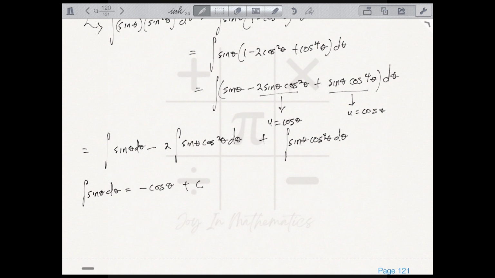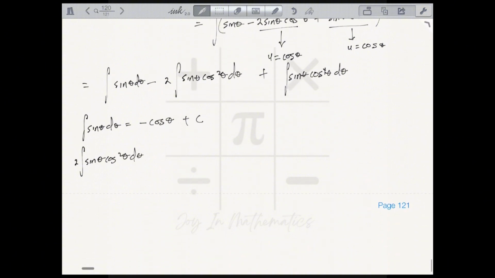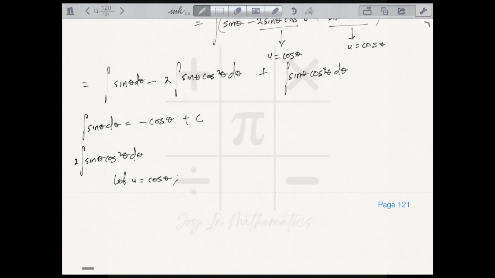Now let's integrate 2 sin theta cos squared theta d theta. Let's go with the principle of substitution. So we say let u be equal to cos theta, and if u is equal to cos theta, du d theta is equal to minus sin theta.